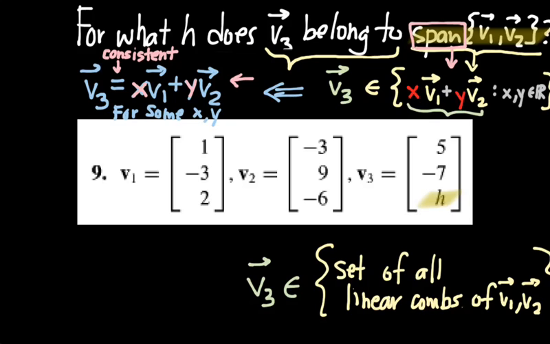So we're looking for values of h, this unknown number in our V3, that make this a consistent system of linear equations. So now we have a vector equation. We can set up an augmented matrix and start our row reducing. So what is our augmented matrix going to look like that corresponds to this vector equation?